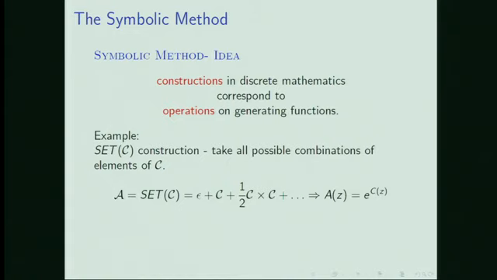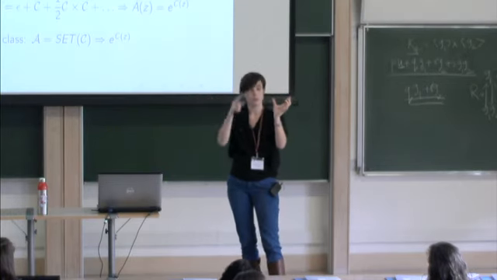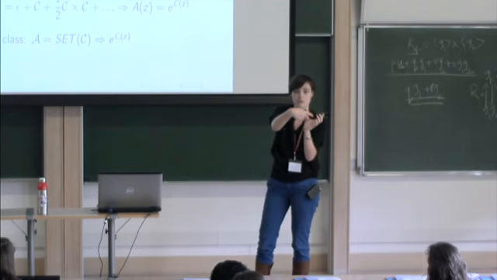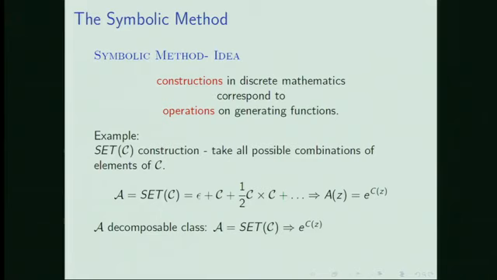An example is, we should actually switch to that thing here. Suppose we have a decomposable class. I told you that's a class where I can build all my structures by taking combinations of connected structures. So I take forests, they're all made up of trees. Take any possible combination of trees, then you'll get a forest. That's basically what I've written here. Any possible combination: 1 tree, 2 trees, 3 trees, whatever.